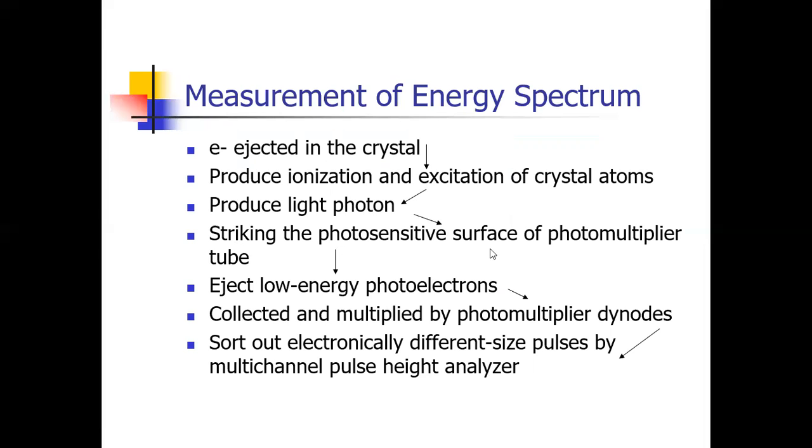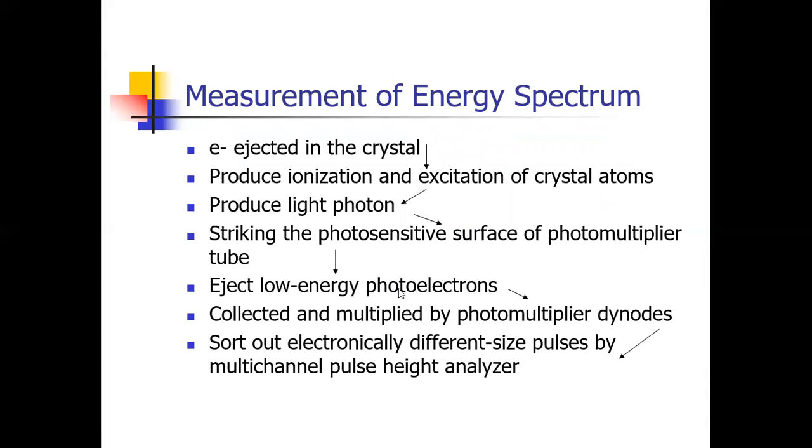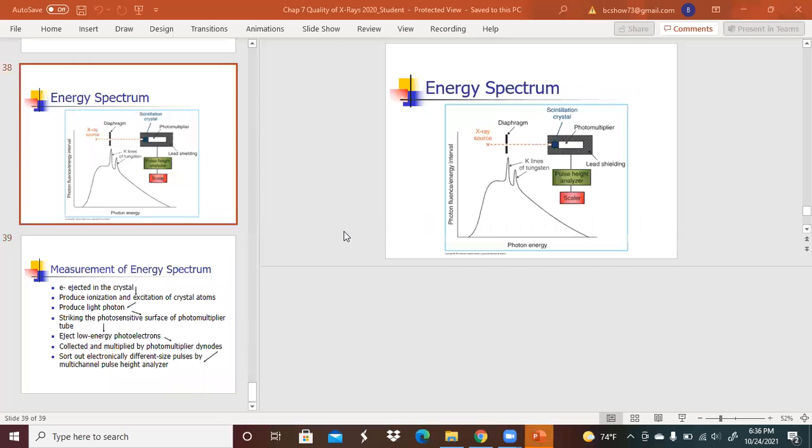They strike the photosensitive surface of the photomultiplier tube, which is what we're talking about here. They eject low energy photoelectrons, which are collected and then multiplied by photomultiplier diodes, and then sort out electronically different size pulses by multi-channel pulse height analyzer, which again is not anything that I would ask you to do.